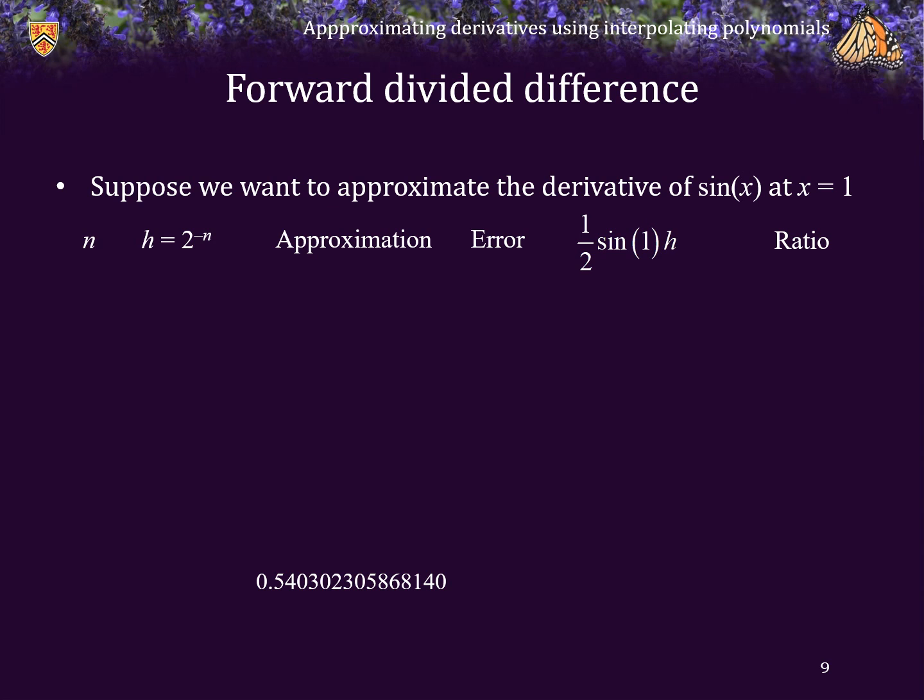Again, that's based on negative 1/2 times the second derivative of the function evaluated somewhere close to the point x equal to 1. We don't know where that point is, so we're just going to substitute the value of 1, but this will be multiplied by whatever value of h we are currently using.